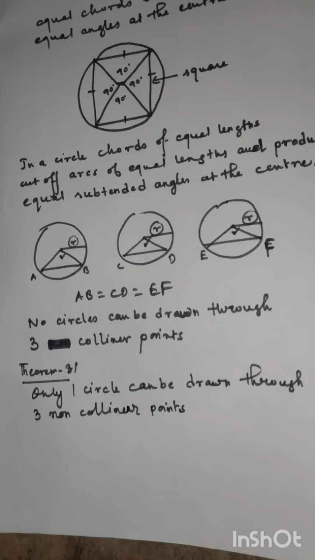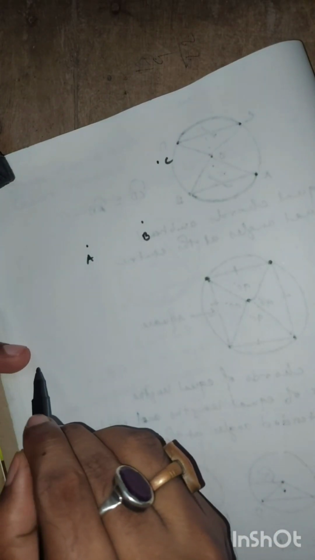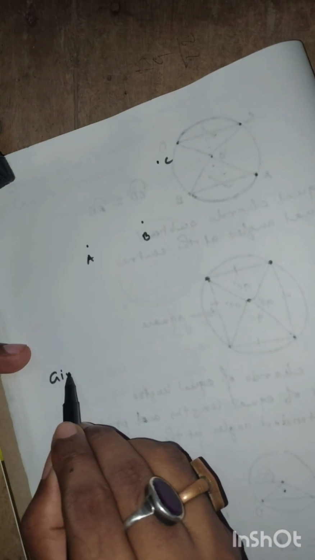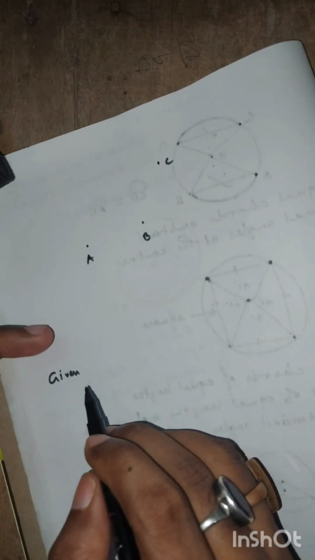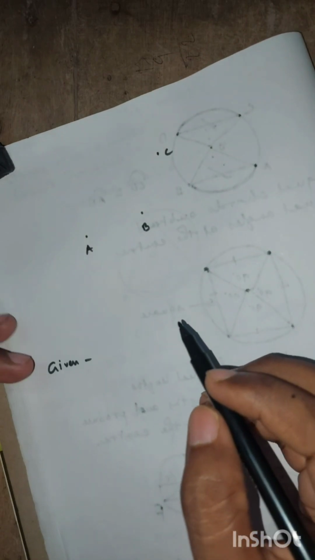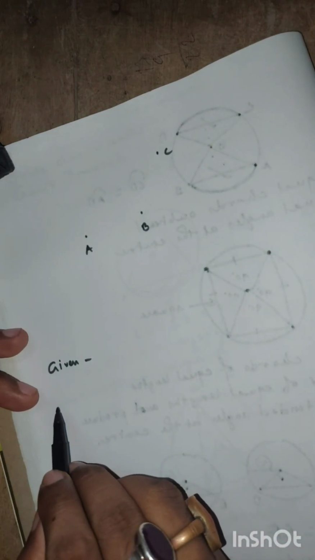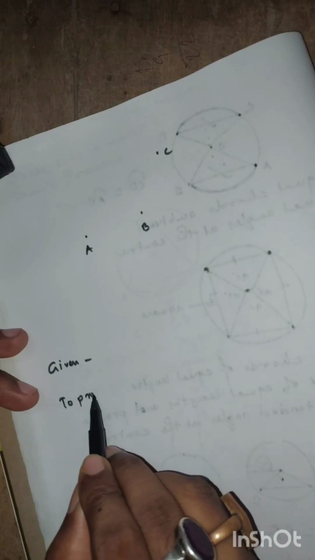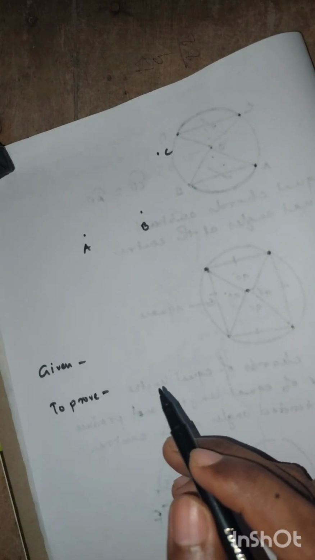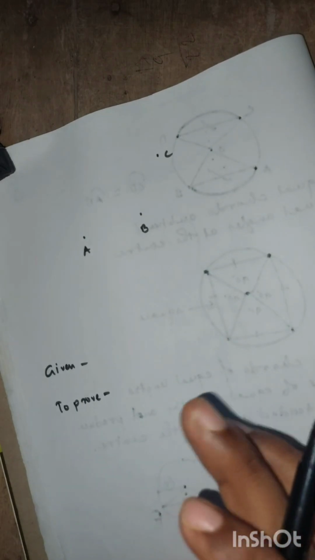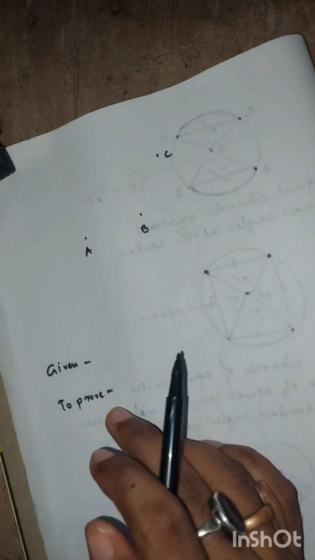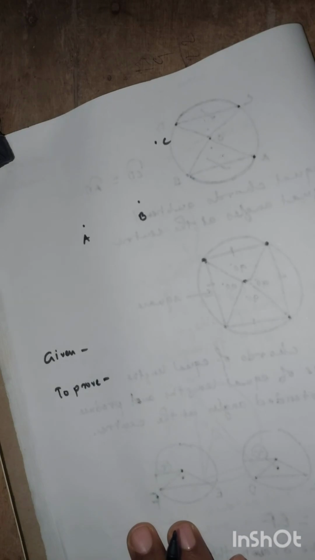We have to prove it. Now let us assume A, B, C are non-collinear, and we have to prove only one circle can be drawn through three non-collinear points. Now construction.